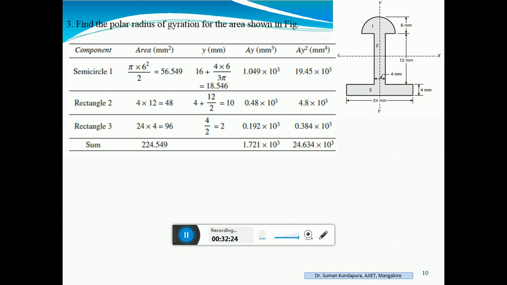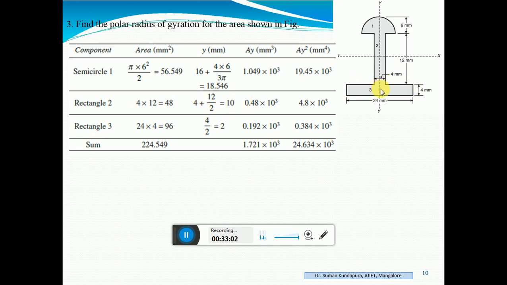So if I have to reach the semicircle, the distance is 4 plus 12, 16, 16 plus, for the semicircle, the centroid will be somewhere here. So from here it is 4r by 3 pi, correct? 4r by 3 pi. So 18.546. For the second figure, the rectangle, the centroid is somewhere here. 12 divided by 2 plus 4, that is 4 plus 12 divided by 2, 10 you will get.